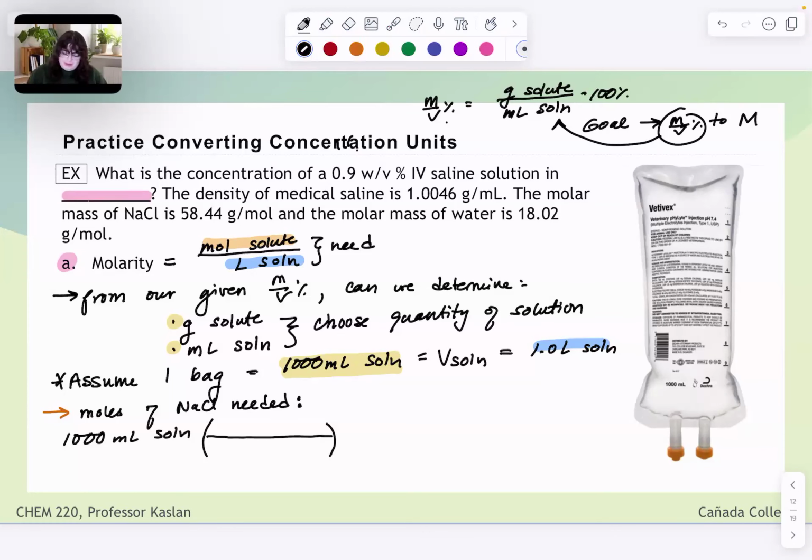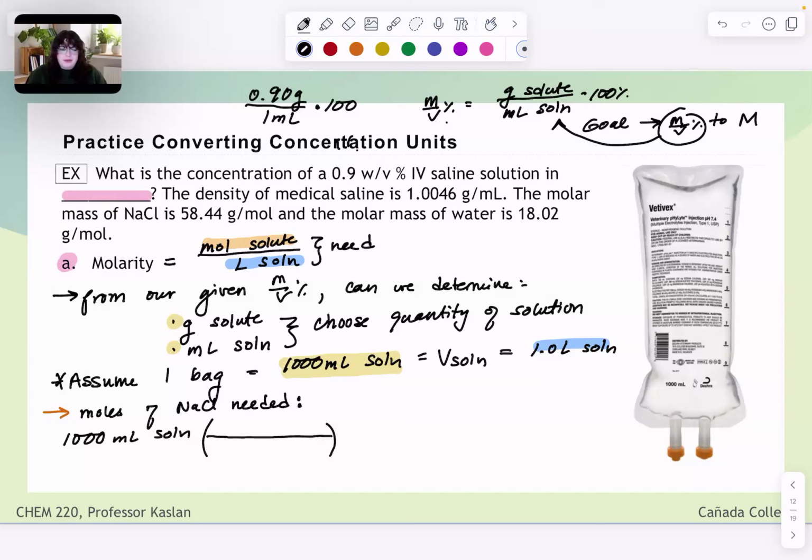So we can think about what it is that 0.9 weight per volume means. This means that there's 0.90 grams per 1 mL of solution times 100. That is the definition of mass per volume percent.